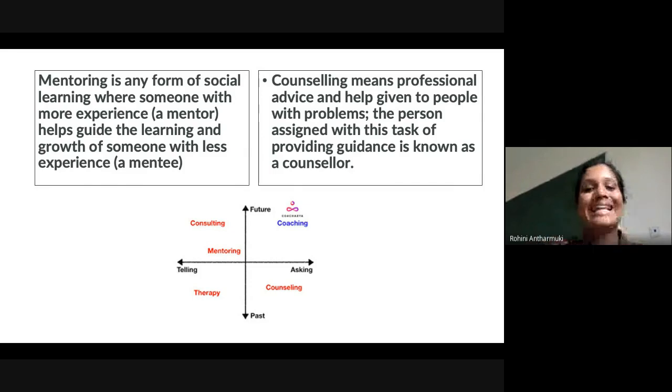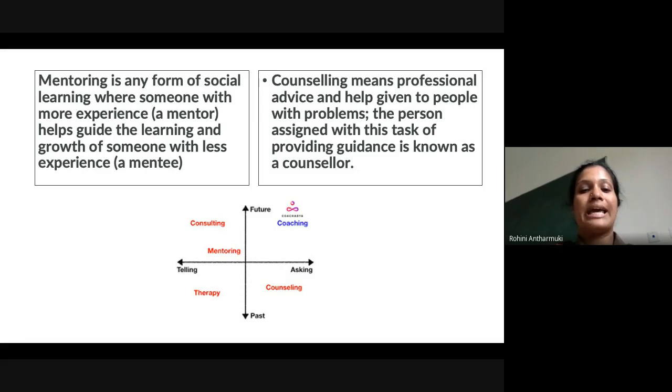Now on the x-axis, we have asking and telling. That means if a mentor or a counselor is asking questions, then it comes on the right-hand side. If they are instructing or advising, then it comes on the left-hand side of the image. Now coming to our main point of concern, that is mentoring.